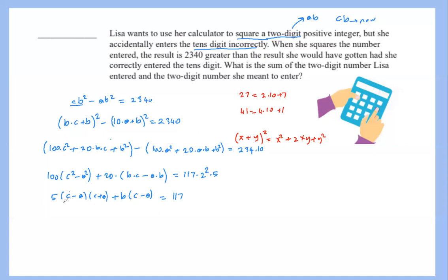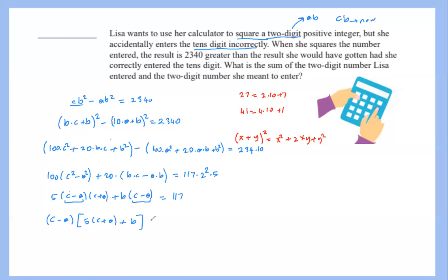As our next step, since we have c minus a as a common expression, I will take that as a factor. I have a bit more expressions, so I'm going to use a bracket. When I pull this out as a factor, you will get 5 left, times c plus a, and then plus b.